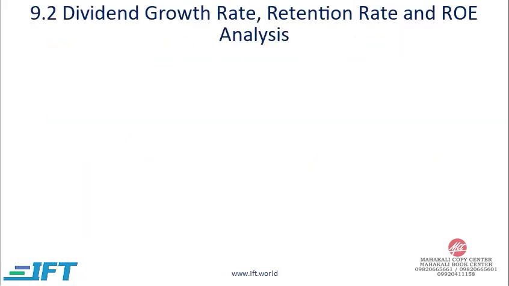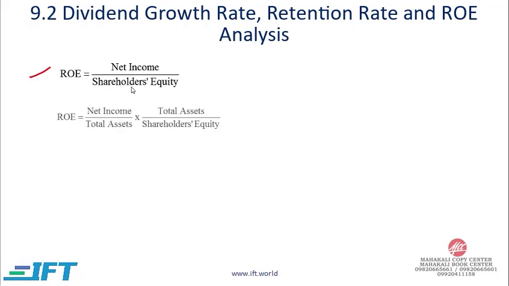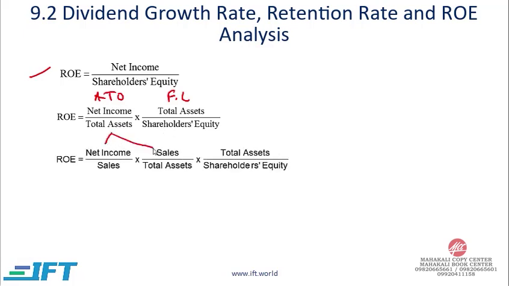Dividend growth rate, retention rate, and ROE analysis. So as promised, we are going to go through the DuPont relationship. You remember this, ROE is essentially net income over shareholders' equity. And then this is the first level decomposition, where we say that net income over shareholders' equity can also be written as net income over total assets, then further broken into the profit margin, net income over sales, multiplied by sales over total assets.